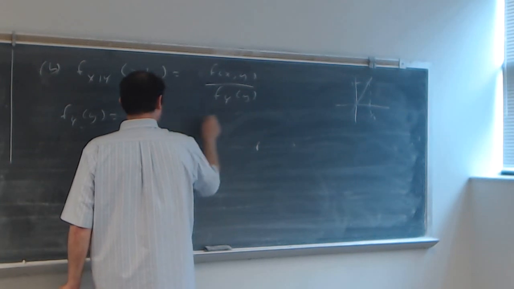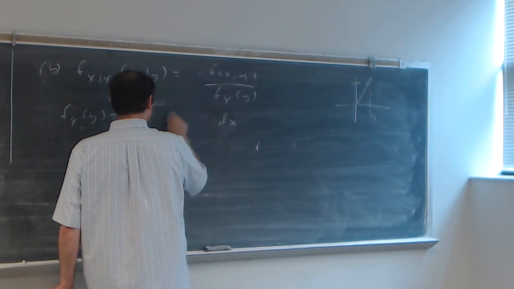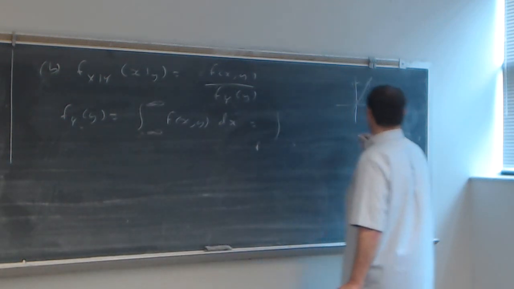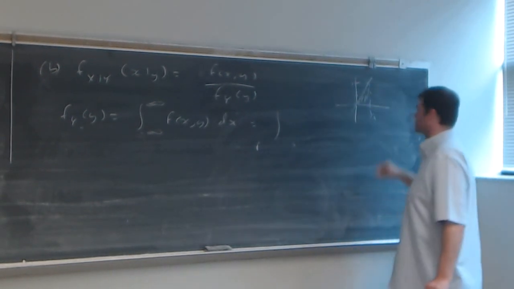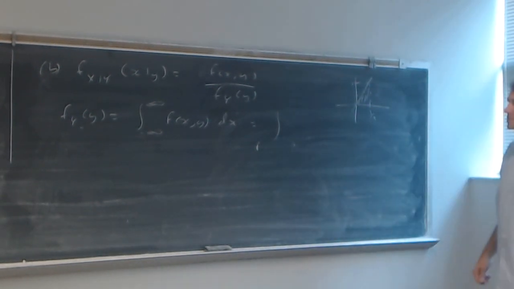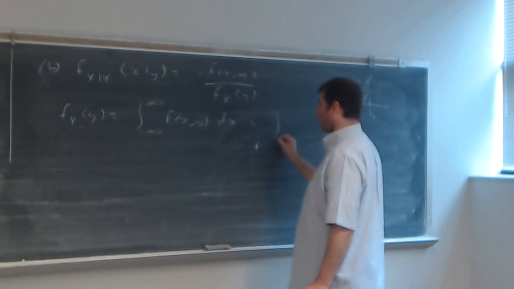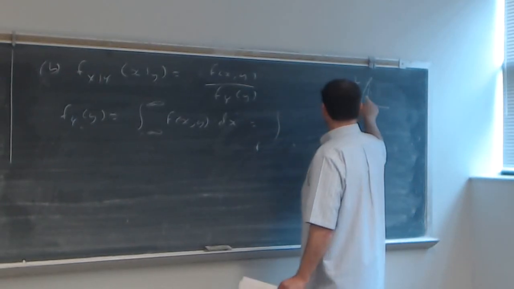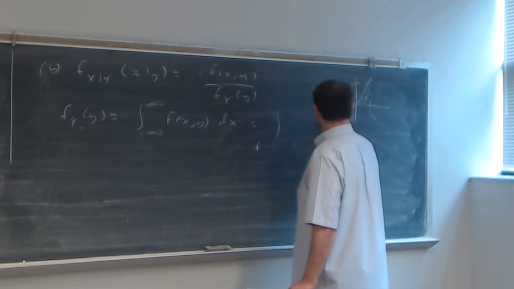So here, dx from minus infinity to infinity of f of x comma y, which is equal to, well, for a fixed y value, here's where we're looking. Y is less than 2x. For a fixed y, the y values run from 0 to 1. But for a fixed y, the x values run from this line.